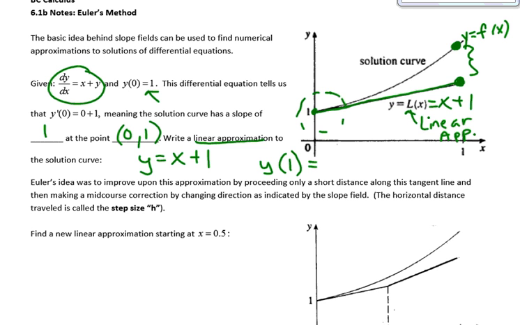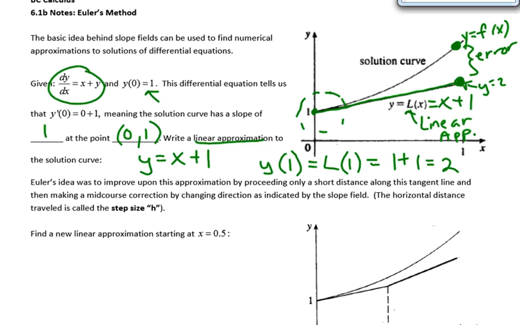Now, we have a bit of a gap, we have a bit of an error here, but we could approximate it and be closer than just randomly looking at the graph. So if I wanted to approximate this, we would say that's L of 1, which would be 1 plus 1, which is 2. So we could evaluate that, and right here that has a y value of 2, and we can see it's a little bit above the curve, but it's close.